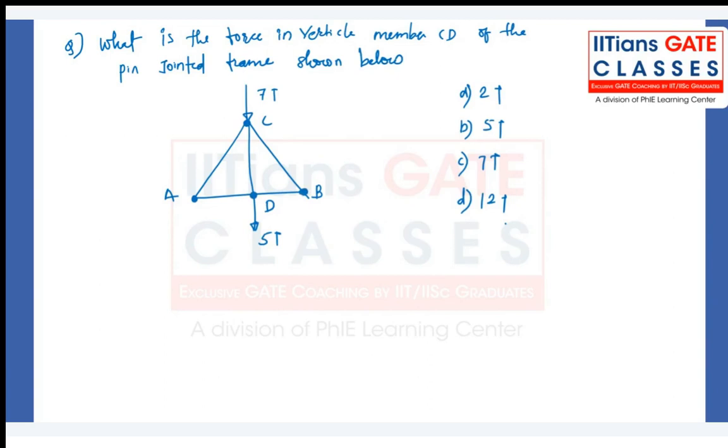Options are 2 ton, 5 ton, 7 ton and 12 ton. Two, 5. What are the other answers?